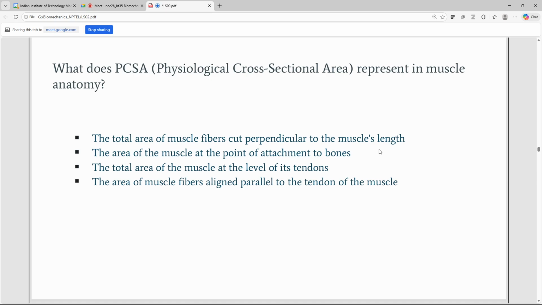So what does PCSA represent in muscle anatomy? That's the question. Try to answer the question.